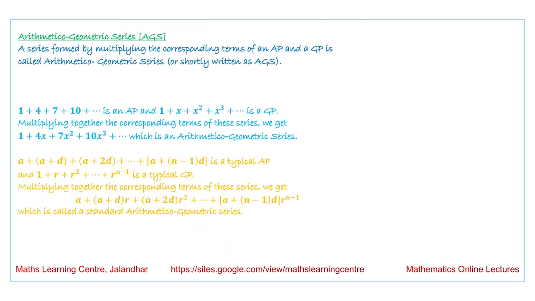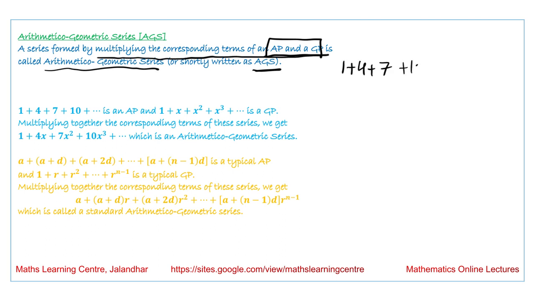Now the next thing we have is the arithmetico-geometric series. We are talking about a particular kind of series. It is a series formed by multiplying the corresponding terms of an AP and a GP. It is called the arithmetico-geometric series, written in short form as AGS. Suppose we have an AP, 1 plus 4 plus 7 plus 10, and so on.